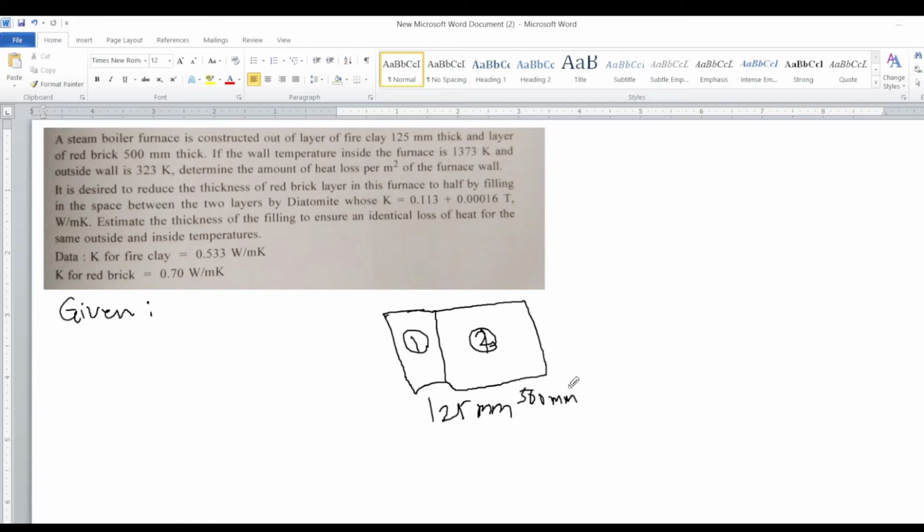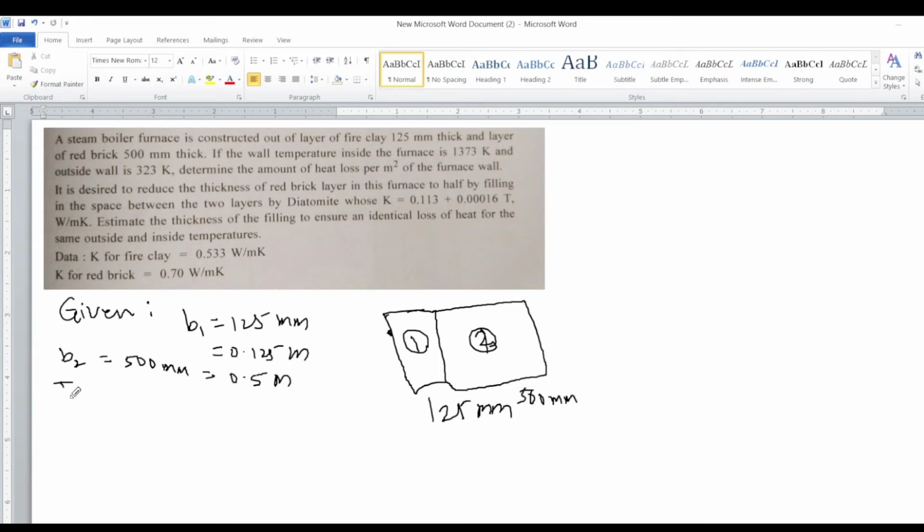So they have given us B1 as 125 mm, which equals 0.125 meter. Then B2 as 500 mm, that is equal to 0.5 meters.